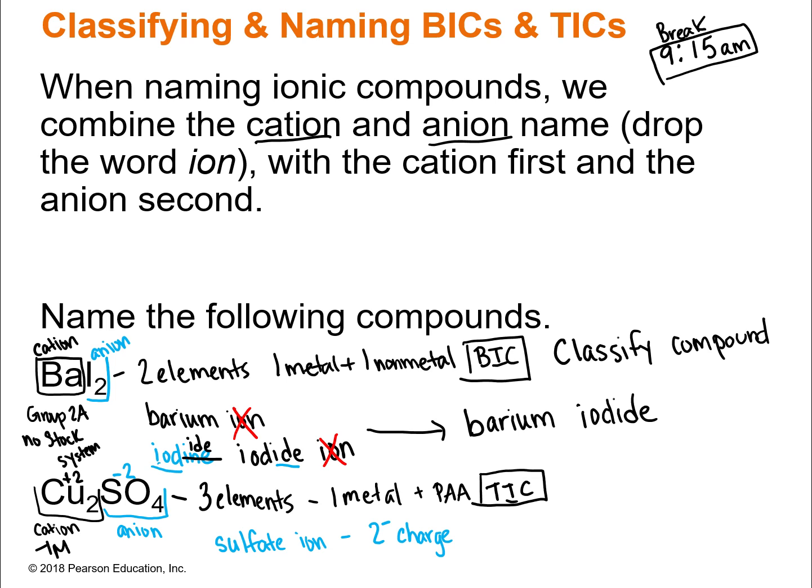Since the sulfate ion has a 2 minus charge, we have to have 2 plus coming from the copper. There are 2 copper atoms, so that must mean that each one of those has a charge of 1.